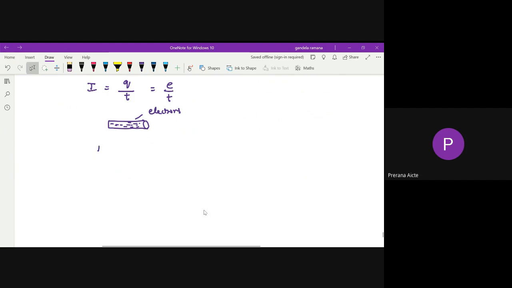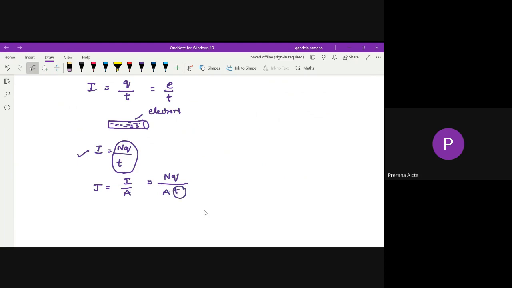I is equal to the number of electrons, N Q by T. The current density J is equal to I by A. So I is equal to NQ by T, and J is NQ by A T.